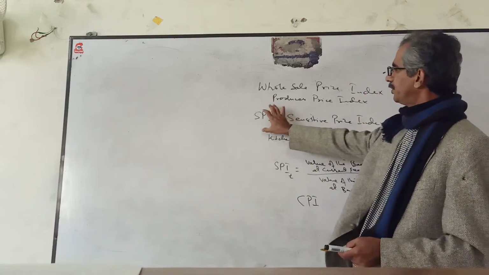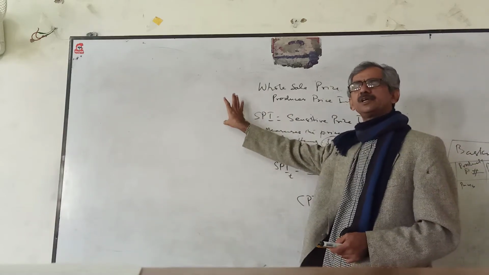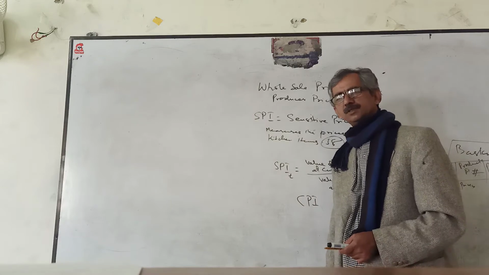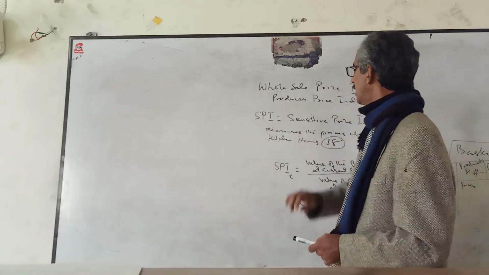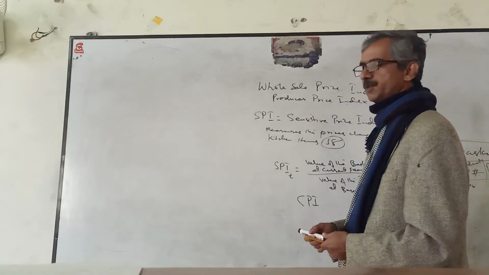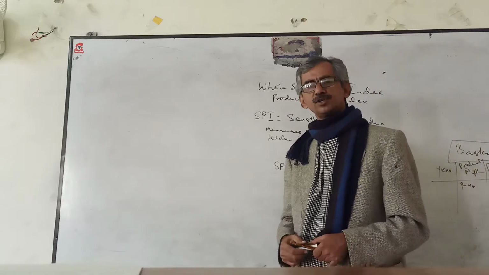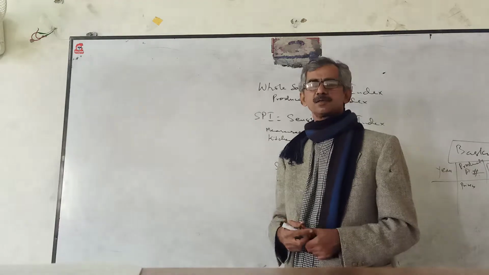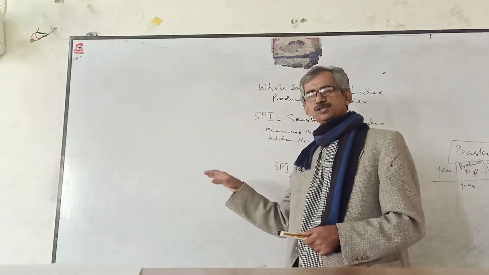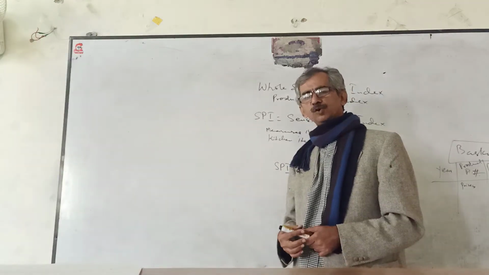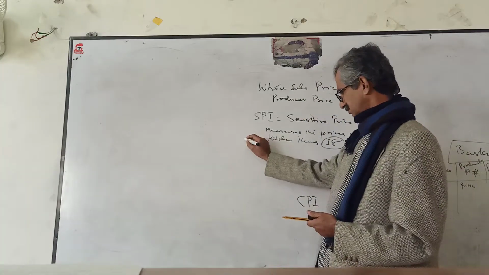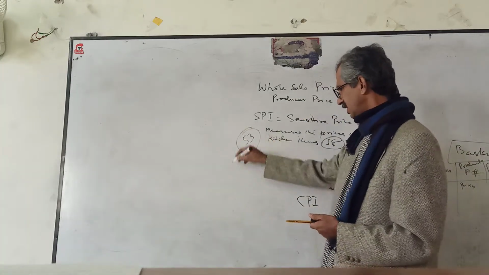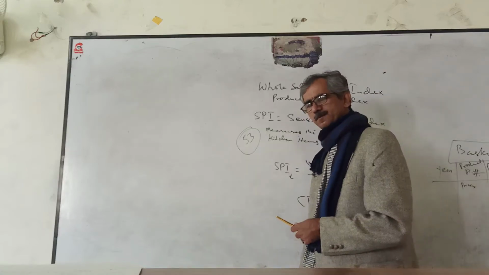Another important index of inflation after the CPI is the sensitive price index, which is called the SPI. It measures the price changes of the kitchen items or very necessary items. These are those items which are purchased by the low-income people, and in Pakistan these are almost 53 or 58 items.